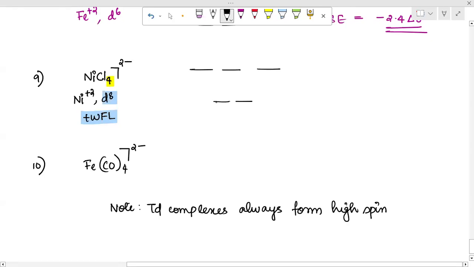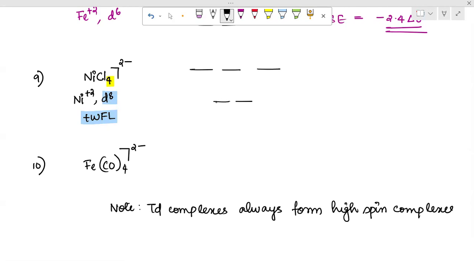That means the gap would be small. So here you have 1, 2. You have to fill 8 electrons, right? So 3 would come over here, 4, 5, 6, 7, 8. 2 unpaired electrons total. The configuration is E4, T2 4.